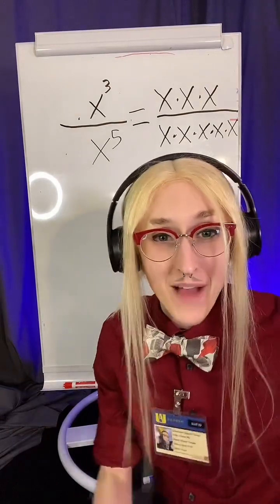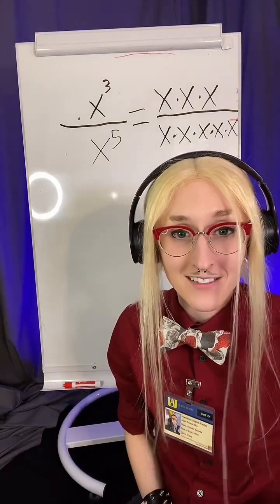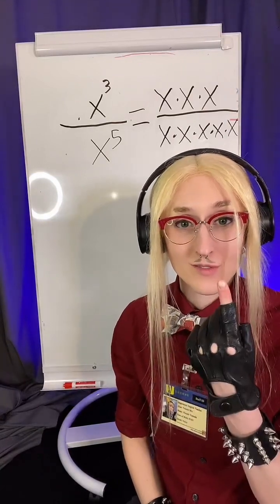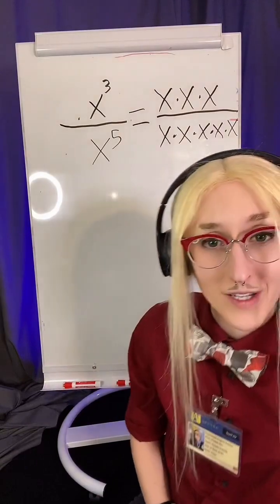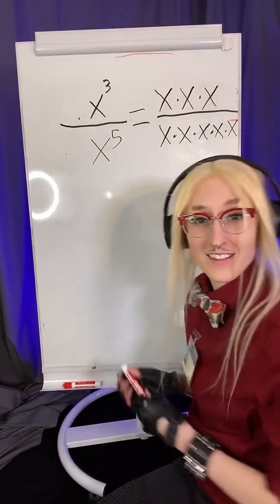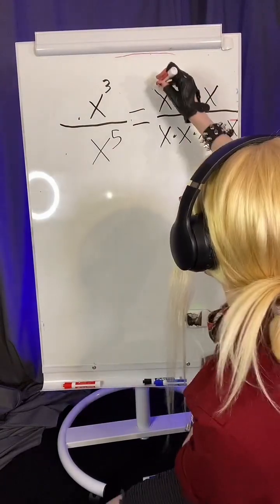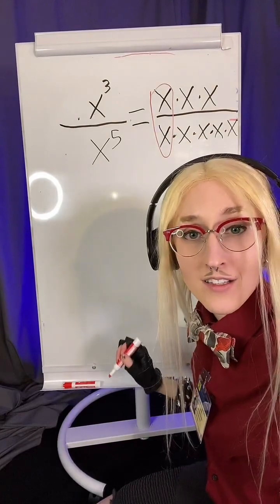So now let's bring it back to that concept that we just talked about, right? That x over x is just 1. We've got a lot of 1s hidden in there, don't we? We just have to find them. See, I had one whole right here, right? X over x.